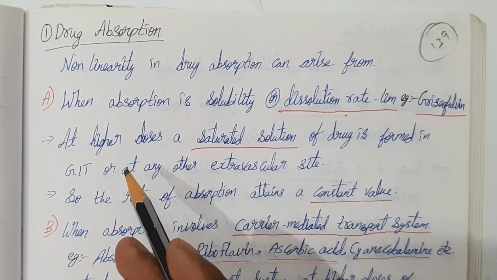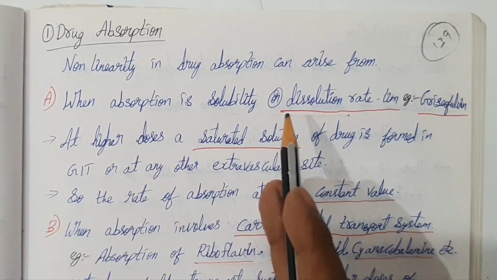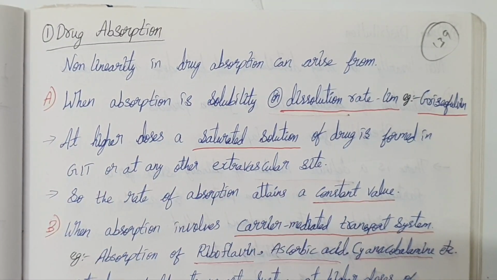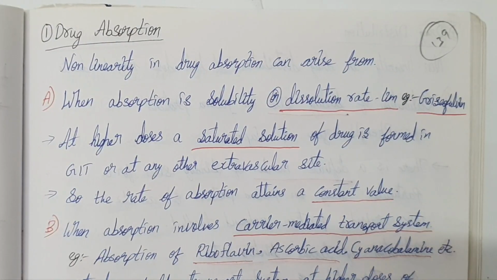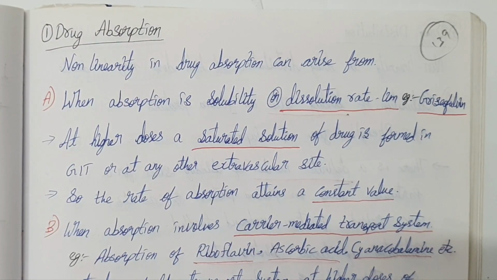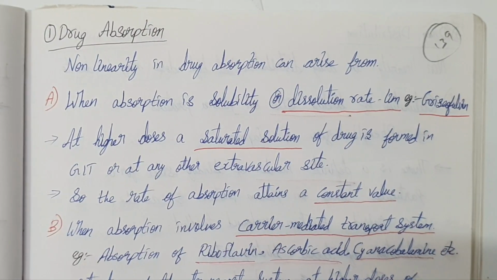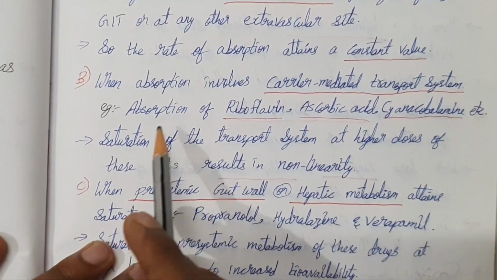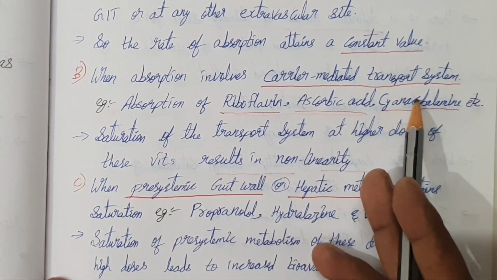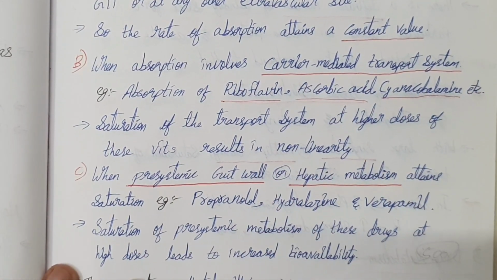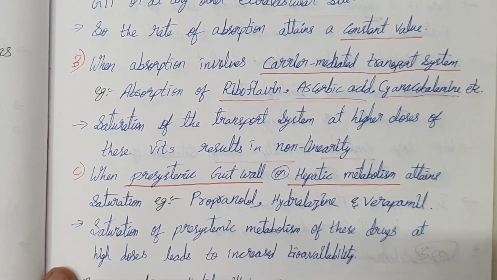It can occur due to, first one, solubility issues. At high doses, drugs reach their solubility limit, forming a saturated solution in the GI tract. Example, griseofulvin. Then we have carrier mediated transport system, carrier mediated absorption.